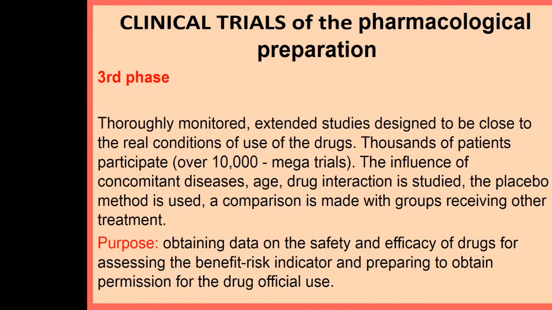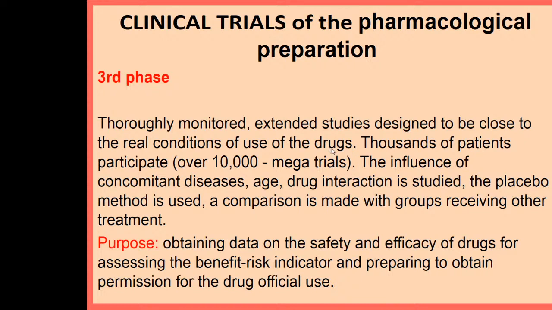The third phase, this is the basic phase for clinical trials. We call it thoroughly monitored, extended studies designed to be close to real conditions of use of the drugs. Thousands of patients participate, thousands.